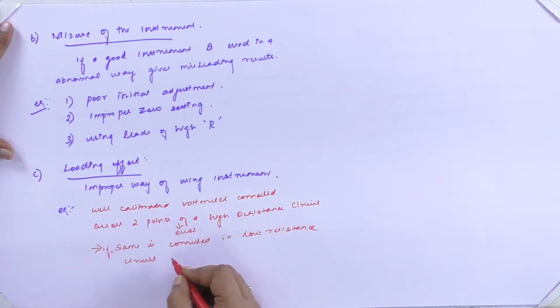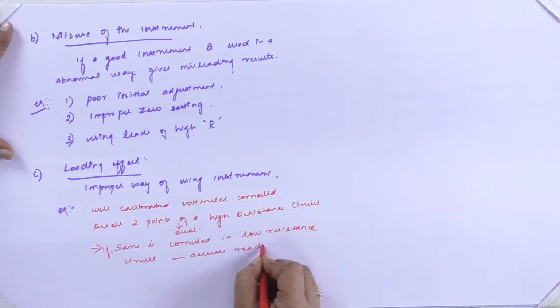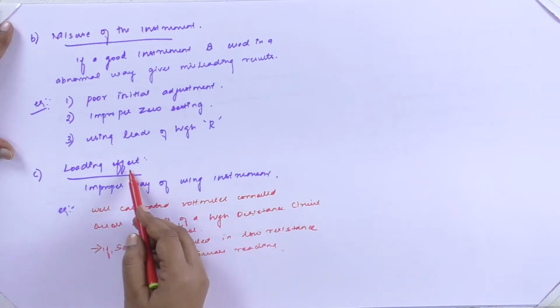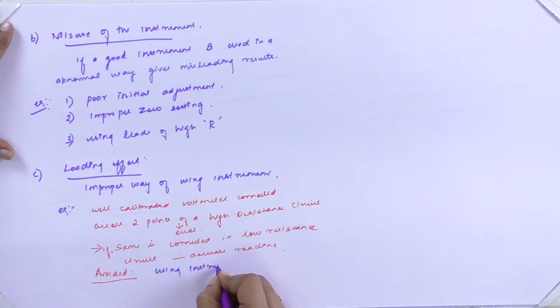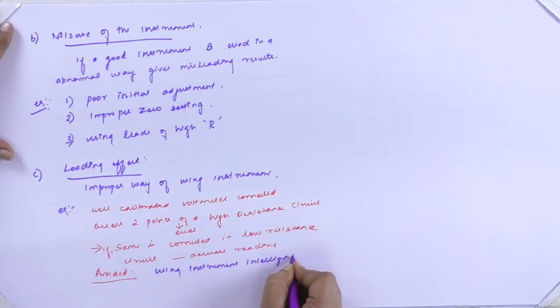If the same meter is connected across a low resistance circuit, it will give accurate readings. So the proper way of using the instrument in a circuit will eliminate this error due to loading effect. This can be avoided by using the instrument intelligently and correctly.